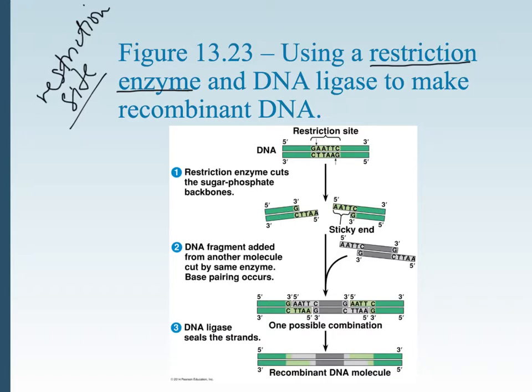They have the sugar phosphate backbone all the way down their 5' to 3' ends. And we call that a recombinant DNA molecule because it has DNA from two different sources in it. So, that's the summary of the whole process of making recombinant DNA. We'll look at this again a little bit later, but for now, just understanding the vocab is really, really useful.